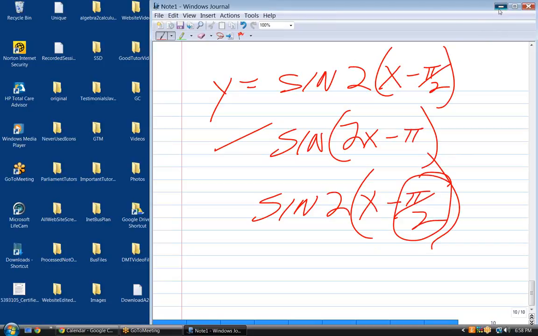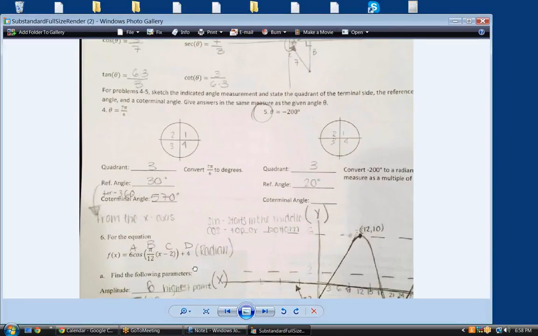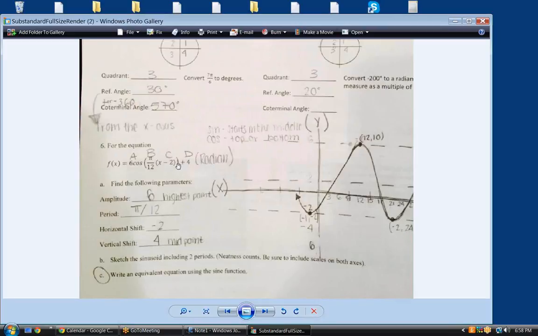Now, on one of these problems that you gave me here, it was outside the parentheses. This pi over 2, notice that they got a double set of parentheses, okay? But it's outside of the parentheses containing the x and the c. That's what's important.